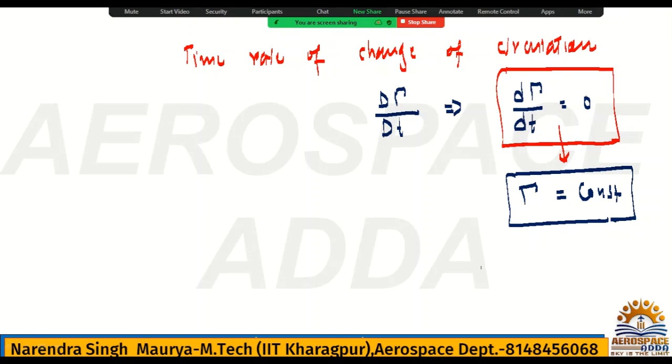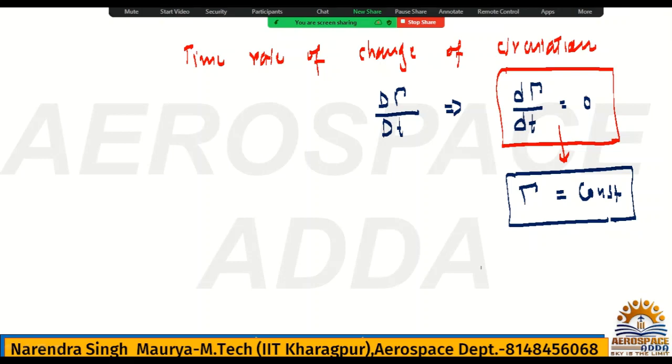The condition is it should be the same fluid element. If you write the time rate of change of circulation, then you differentiate with respect to time and make it 0. This is Kelvin's circulation theorem.